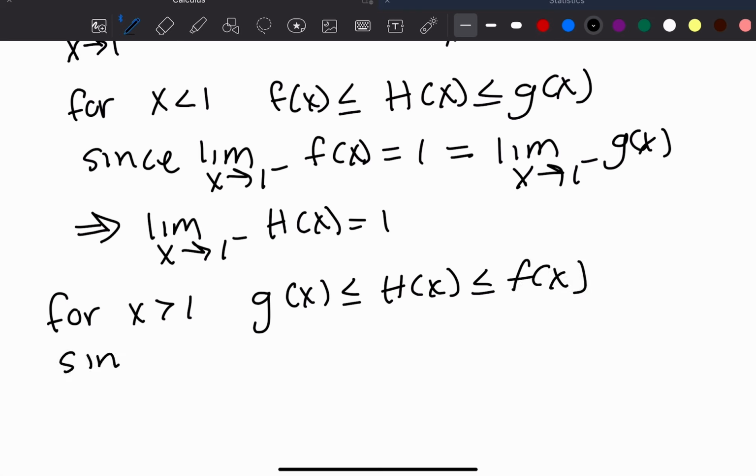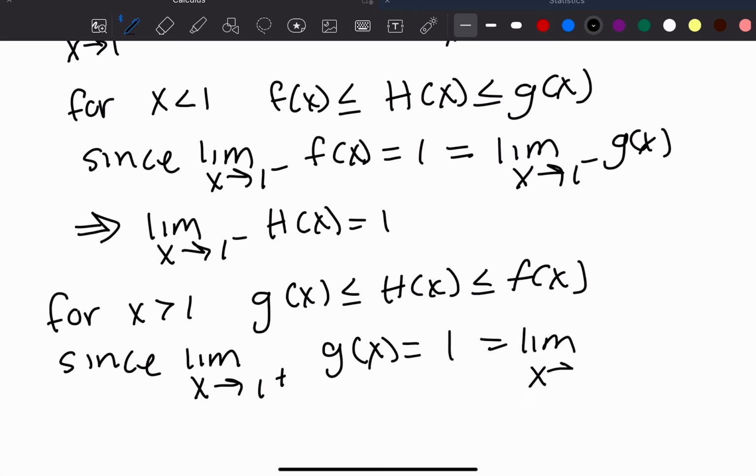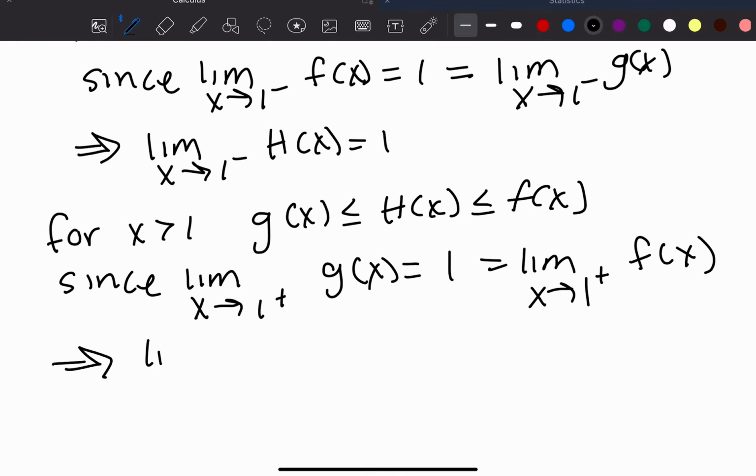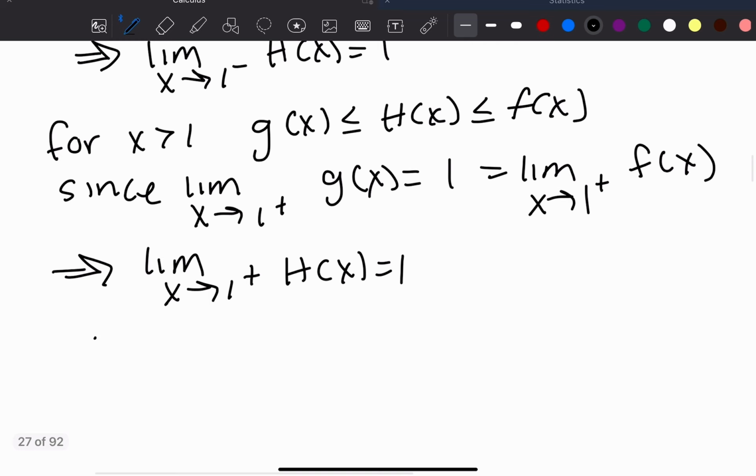So we would say since the limit as x approaches 1 from the right side of g of x is equal to 1, which is the limit as x approaches 1 from the right side of f of x, is also equal to 1, this implies that the limit as x approaches 1 from the right side of h of x is equal to 1. Okay. Therefore, that's what those dots stand for.